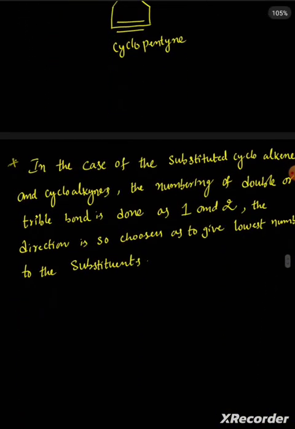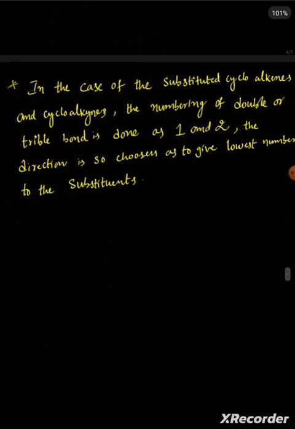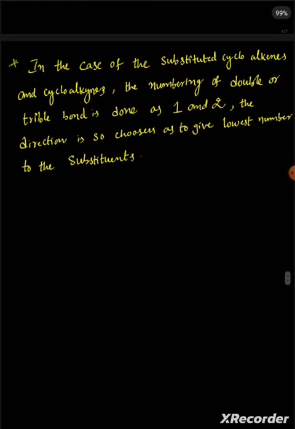Next, another important point. In the case of substituted cycloalkenes and cycloalkynes, the numbering of double bond or triple bond is done as 1 and 2.